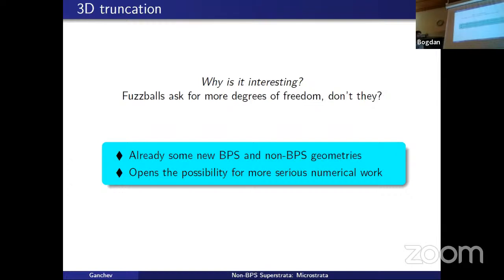And what is even more tempting is that, because of this simplification to having only functions of 3 variables in 3 dimensions, one can even start thinking about doing some more serious numerical work on these solutions. But at the moment it certainly seems like a lucky coincidence, the fact that all this works and all these things are contained in this 3D truncation, and you can get interesting results out of it.